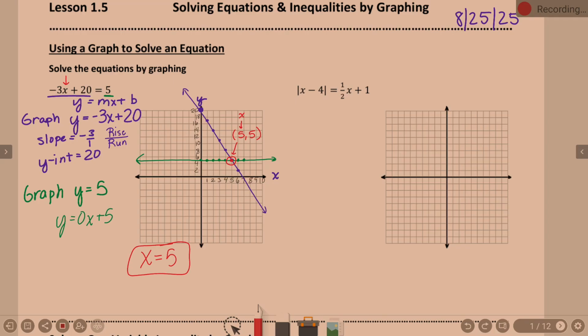Okay, that's for today's purposes, because we're just working with one original equation that we separated into two. So, as you're going through today, you're always going to be looking for the x-coordinate. Okay?